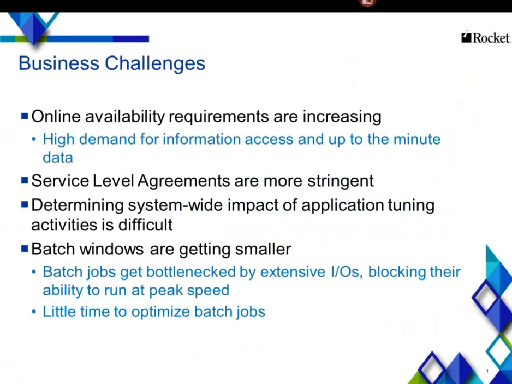Many application activities have a system-wide impact, and tuning them can be difficult. In addition, batch windows are getting smaller, yet new applications continue to be developed, which can cause further bottlenecking by using extensive I/Os. There's little to no time to research and optimize these batch jobs as needed.